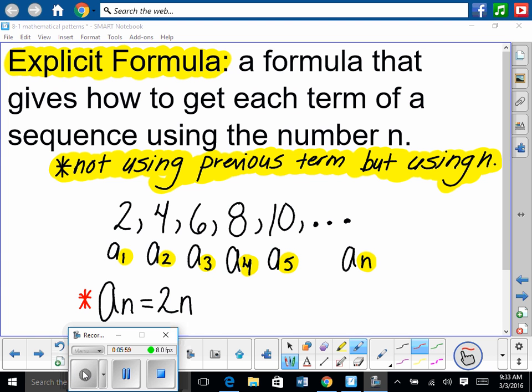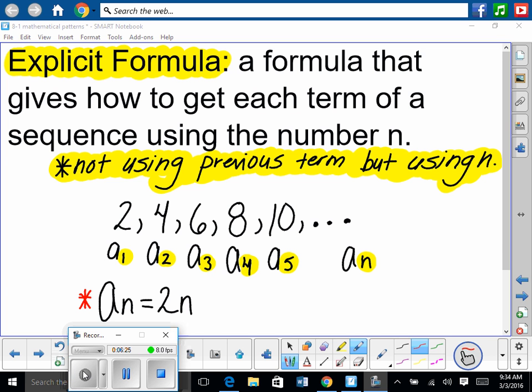So first of all, we're going to be dealing with an explicit formula. There are 2 types of formulas. The first one we're going to deal with is an explicit formula. Now you have to pay very close attention to what an explicit formula is, okay? An explicit formula is a formula that gives how to get each term of a sequence using the number n, where n is the number of the term you're talking about.